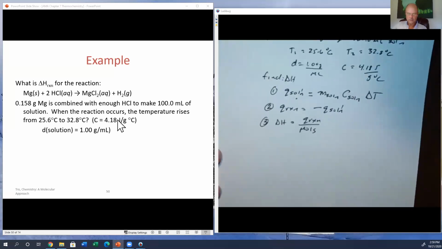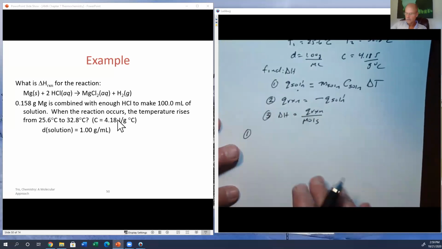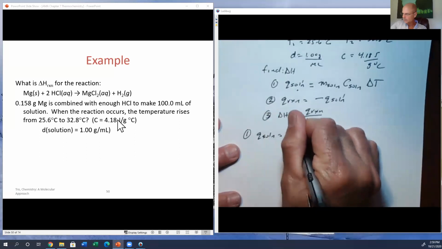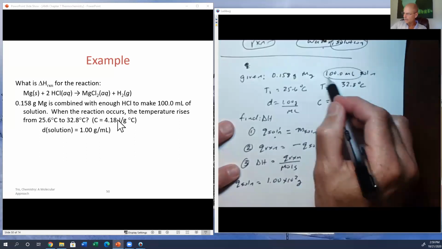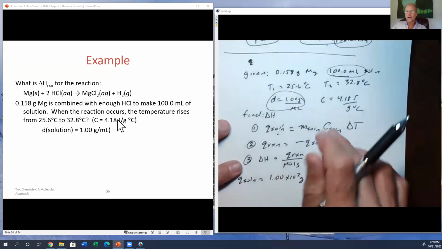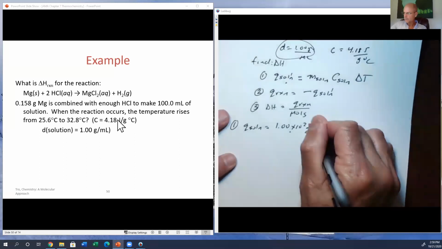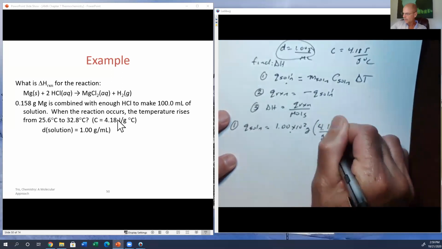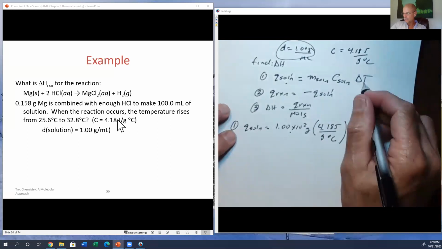So let's just carry out each step here. The first step, right, Q solution is equal to 1.00 times 10 to the 2 grams. Why is that? Because I have 100 milliliters and the density is 1 gram per milliliter. So therefore I have 100 grams. So I have 100 grams of solution times 4.18 joules per gram degree Celsius times delta T, right?